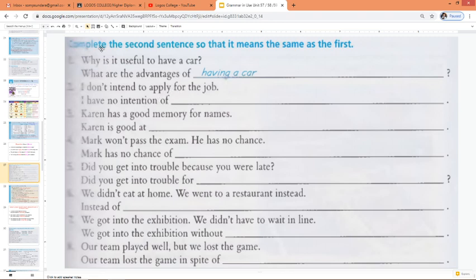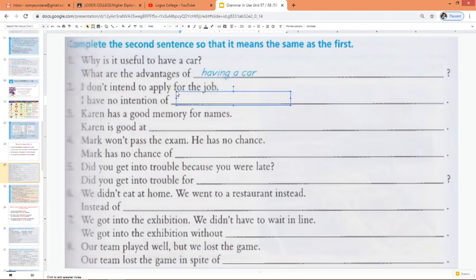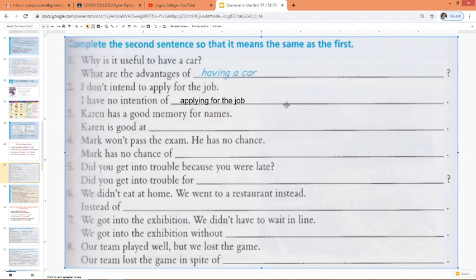Again, preposition, of. Therefore, your verb, apply, must take the gerund form of applying for the job. Okay, there you are. I have no intention of applying for the job. Number 3, Karen has a good memory for names.